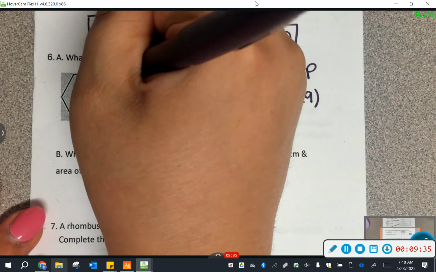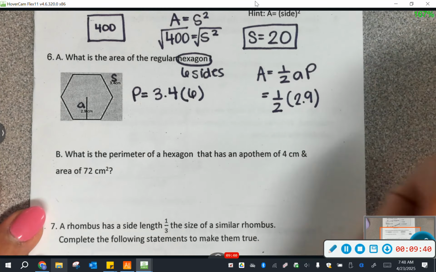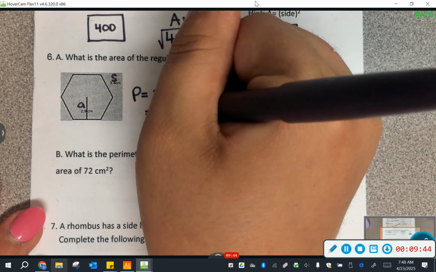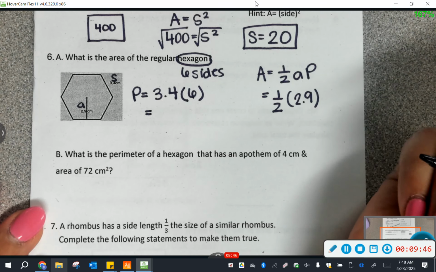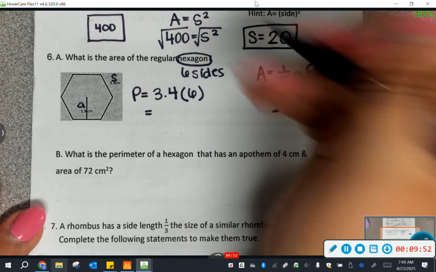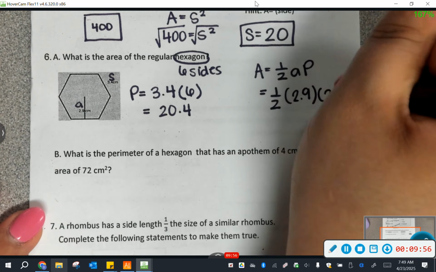Each side is 3.4. How many sides are there? 6. 3.4 times 6 is? 20.4.